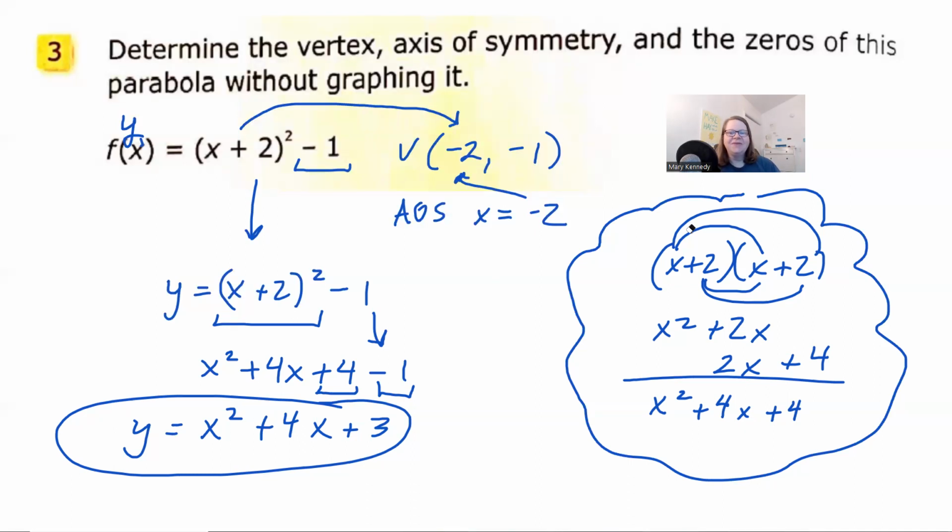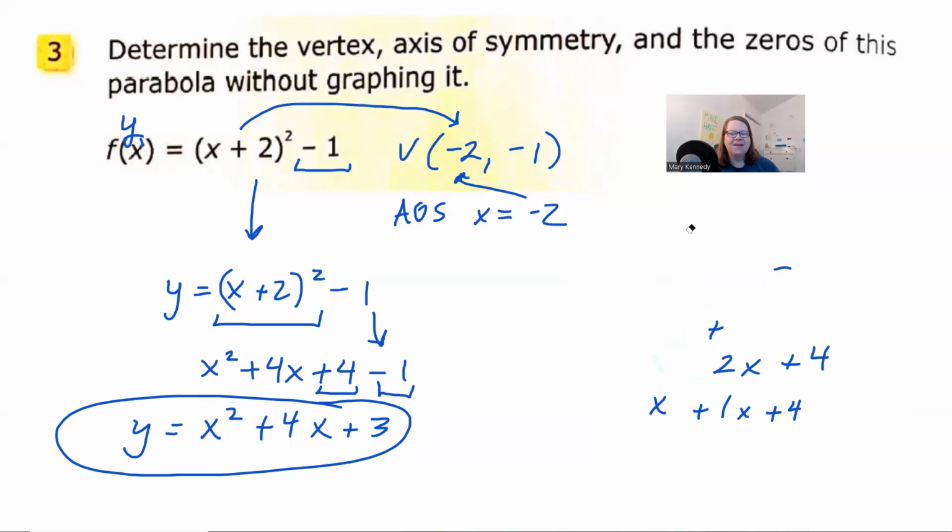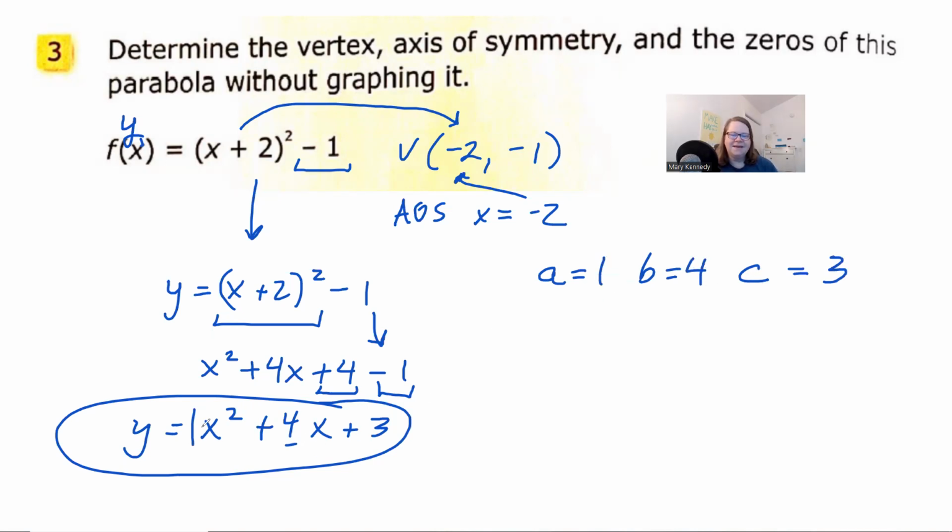So I'm going to erase this because I need this workspace for the quadratic formula. So I know that I need my A, B, and C to do the quadratic formula. And so A is 1, B is 4, and C is 3. It's nice that it's in order, A, B, C, right?